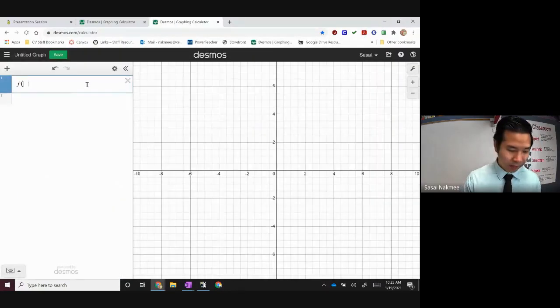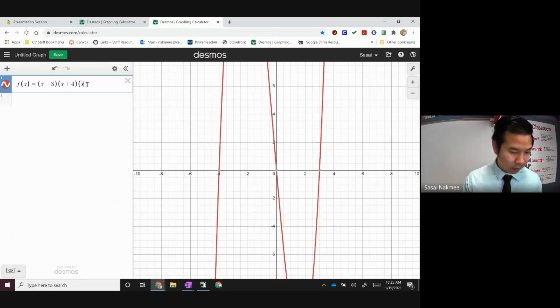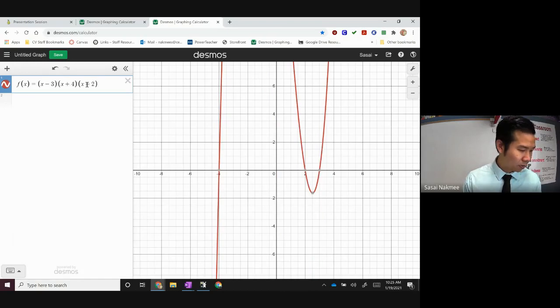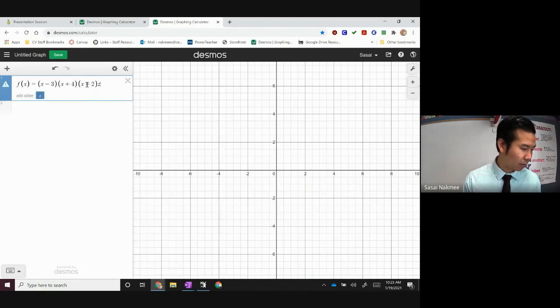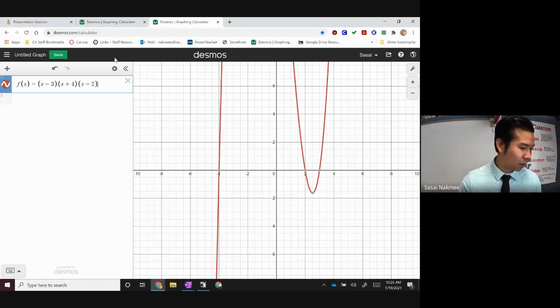Let's say f of x is equal to x minus 3, x plus 4, x minus 2, and what the heck, let's throw in an x in there. No, that's too much. Let's go with this cubic right here.